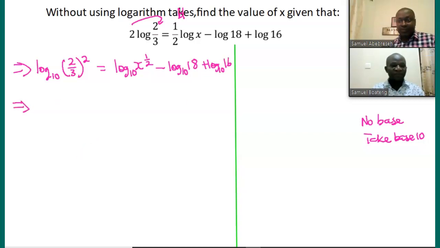You have log to the base 10 on both sides. Now, we have 2 on 3 all squared. So when you square 2, you get 4.